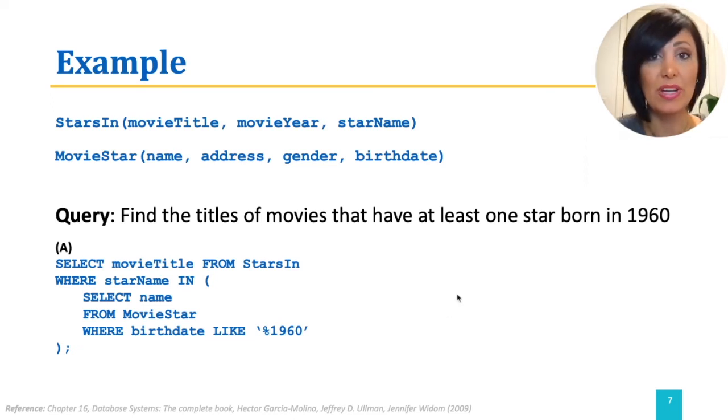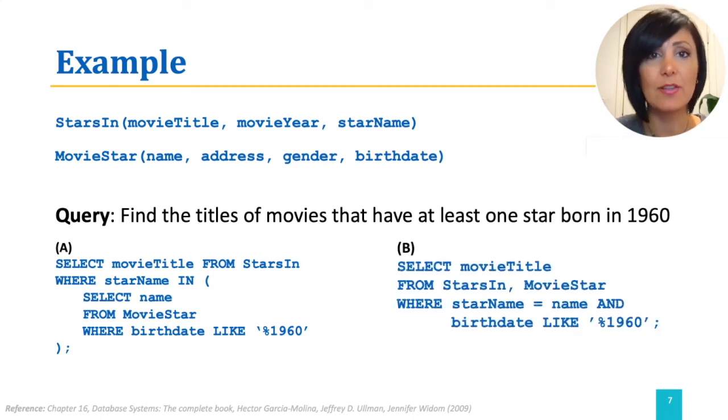The second query uses in the from list the relations stars in and movie star and selects movie titles where star name is equal to name and the birth date attribute from the movie star relation matches the pattern including 1960. These two queries are trying to return the same tuples, but with different queries.